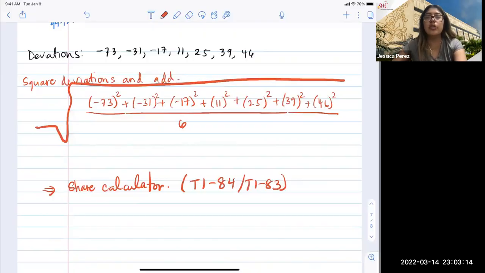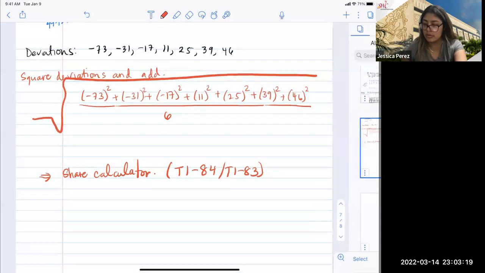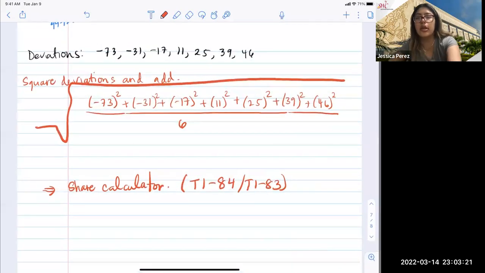Again, this is going to be a large number, so please make sure that you are using your calculator properly. With a TI 84 or TI 83, using parentheses is very important. Plus, and then of course you have your 46 being squared, and then divided by 6.